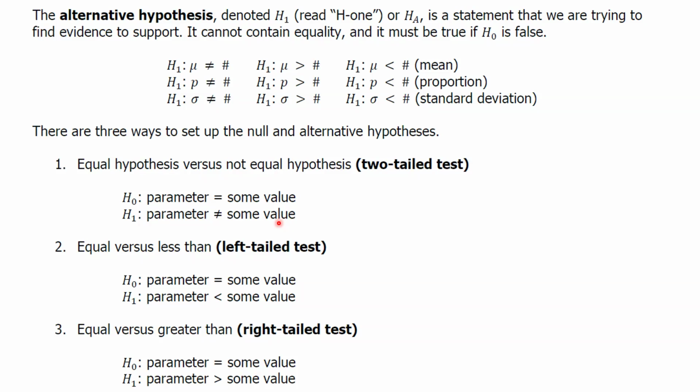So we use this when we're testing if something has changed in either direction, whether it's increased or decreased. An example would be, is the average different from 100? Meaning the alternative would be, could it be higher or lower? The key words for this type of hypothesis testing would be different from, has it changed, not equal to.